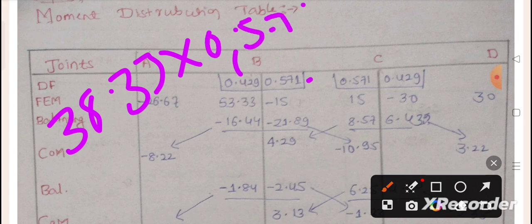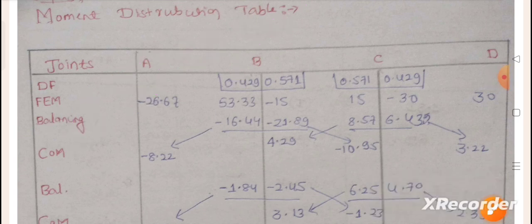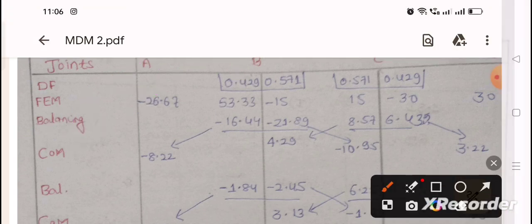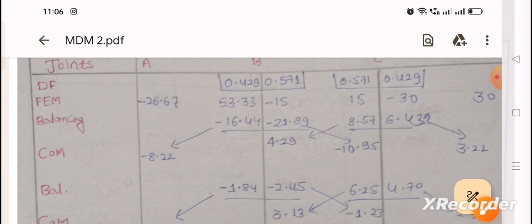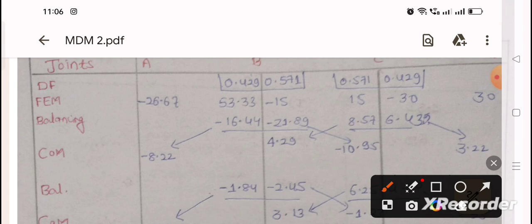So 38.33 into 0.571, we are getting 21.89. So I am getting plus, and you are supposed to write a negative sign. If you are getting plus, you have to write negative. If you are getting negative, you have to write plus.